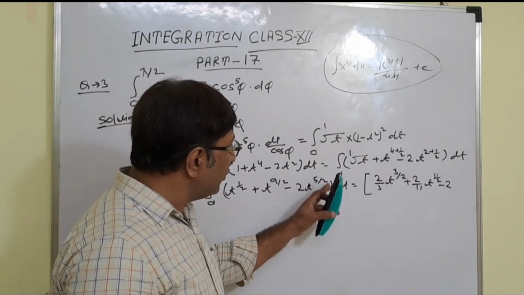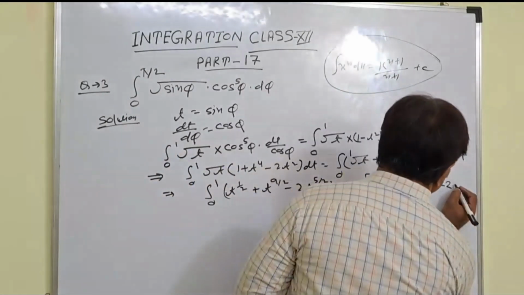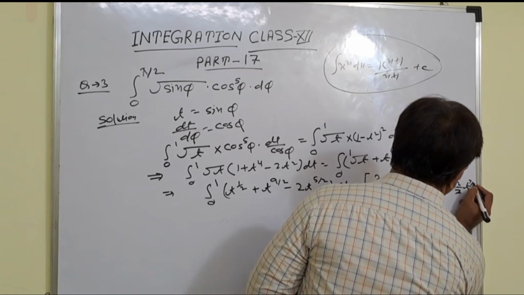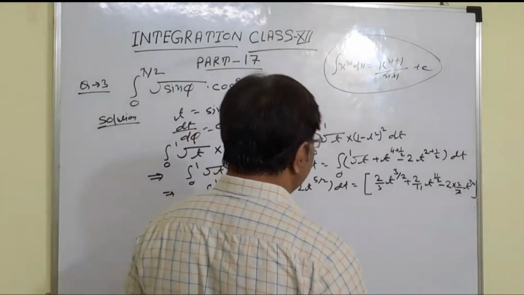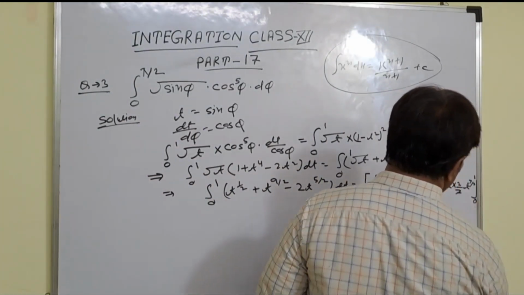So 5 by 2 plus 1 is what? 7 by 2. So here it is 2 by 7 and t power 7 by 2. Now upper limit is given 1 and lower limit is given 0.